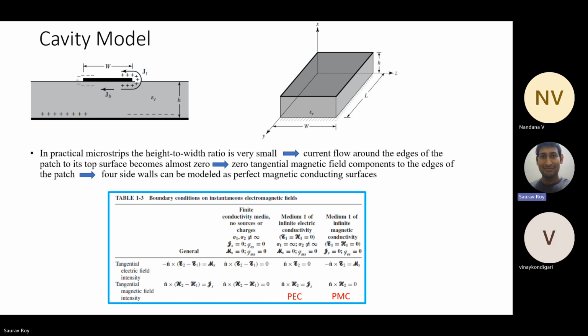In terms of X, Y, Z, the top and bottom layers are PEC, and the PMC conductors are in which layers? XZ and XY. In the XY direction we have 2 PMC side walls, and in XZ also we have 2 PMC layers.